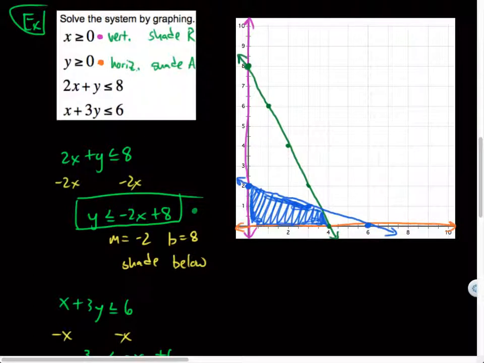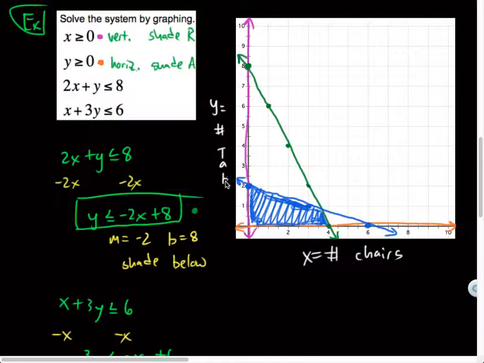So let's foreshadow what we're doing tomorrow. You do have problems tonight like this as well, where we're actually going to say, okay, so let's say I had all these inequalities and I found these solutions, but I want to find which of these solutions ends up being optimal for some situation. All right, let's say, hypothetically, let's say X was the number of chairs that a company manufactures, and let's say Y was equal to the number of tables.